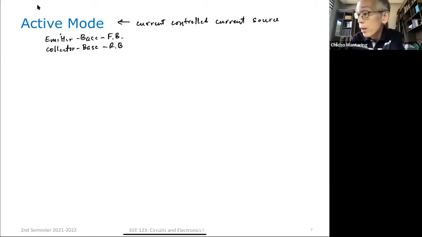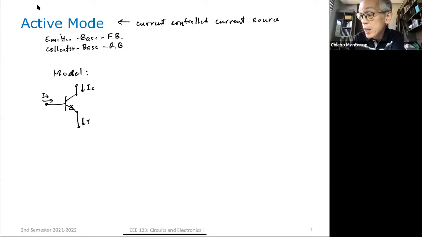The model for your transistor is as follows. If this is my transistor, what is its behavioral model? Again, this is IC, IB, IE. By the way, this is your base, this is your collector, this is your emitter. What I have here between base and emitter is a diode.